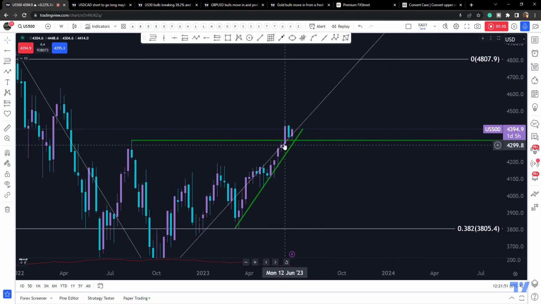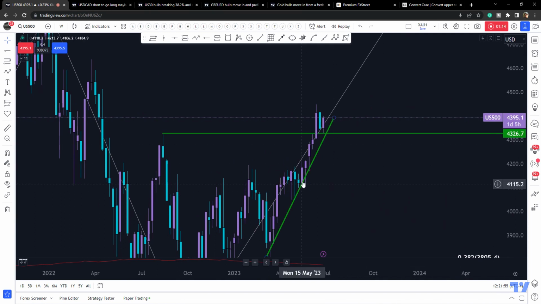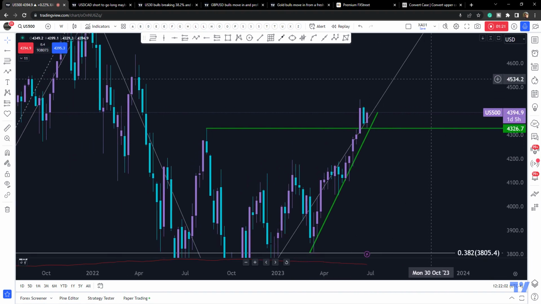Now, in doing that, we're obviously leaving a lot of territory here that is long, that is vulnerable, therefore, to a pullback before the next leg higher.